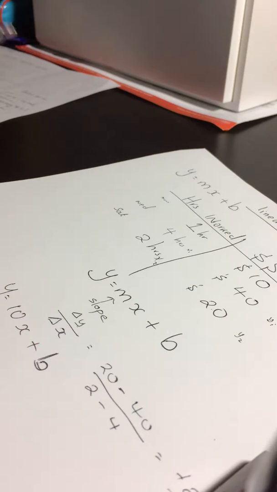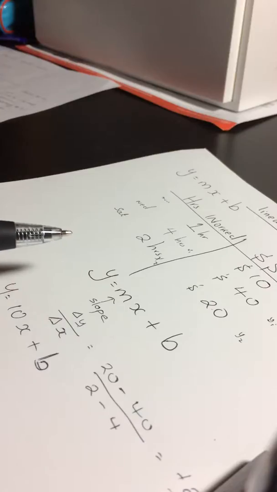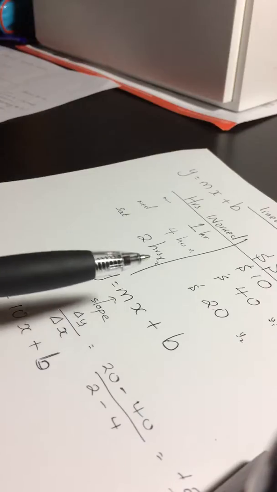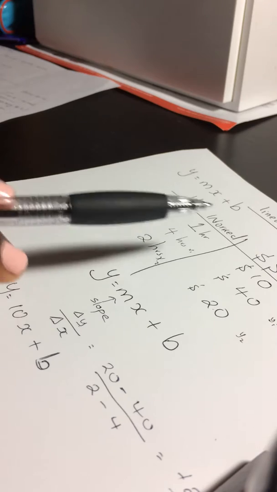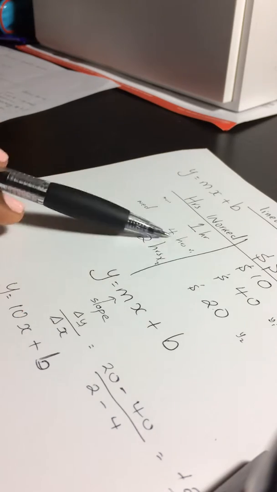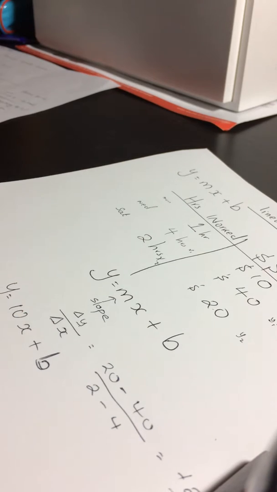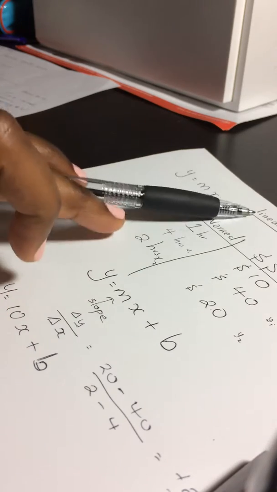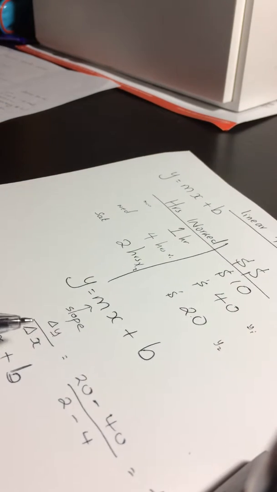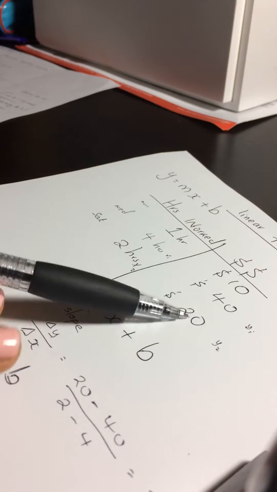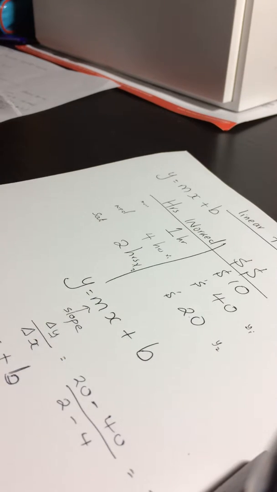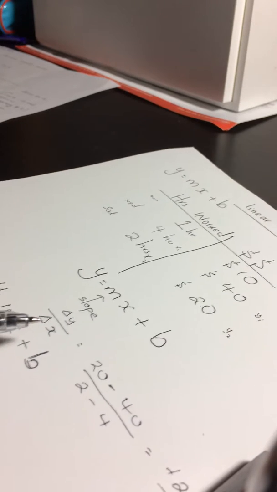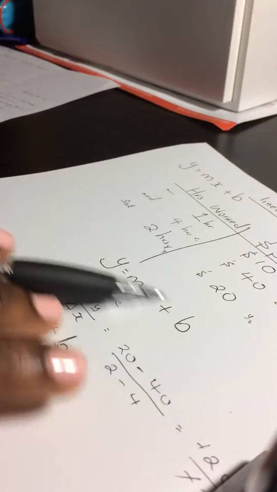For linear functions, we want to make sure that if that change is constant from these two data sets to these two data sets, then wonderful, it satisfies the criteria to have a linear function. And if the rate of change is not constant, then we have a different kind of function, either exponential or another type of function.